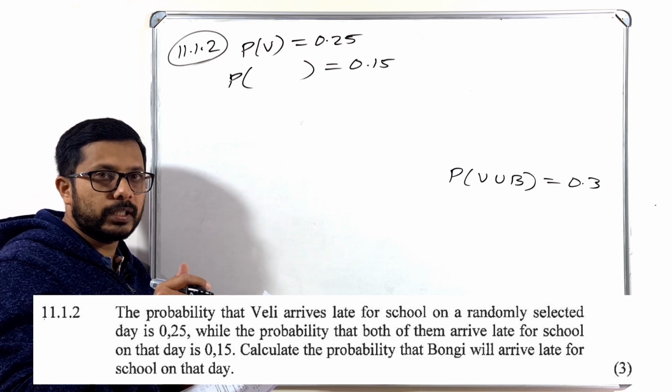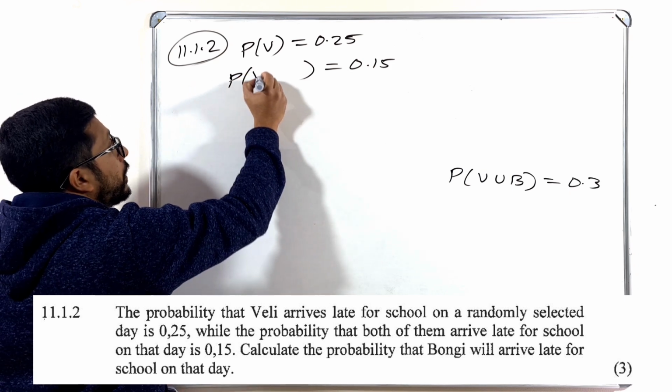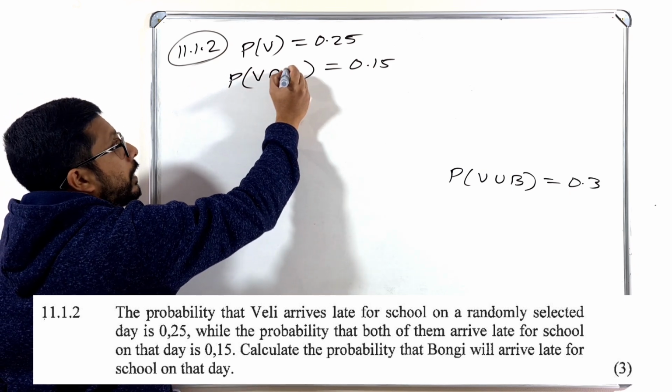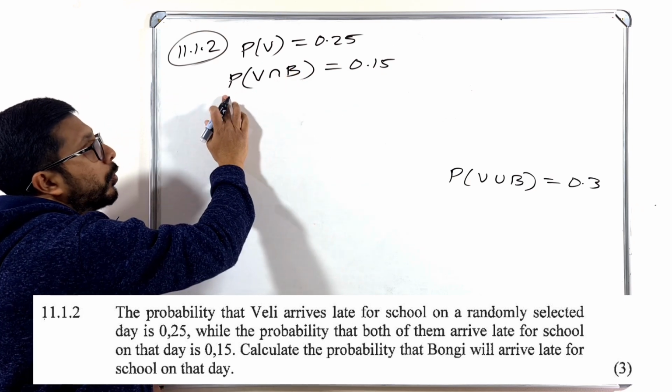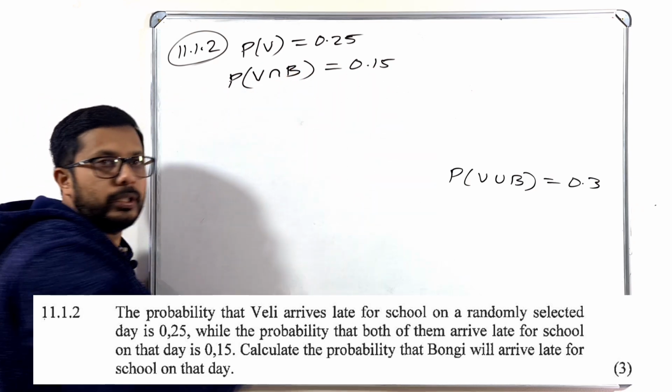And how can we represent it? And is the same as intersection. So in effect, it is given that the probability of Valley intersection B, the probability of both Valley and Bongani being late, is 0.15.